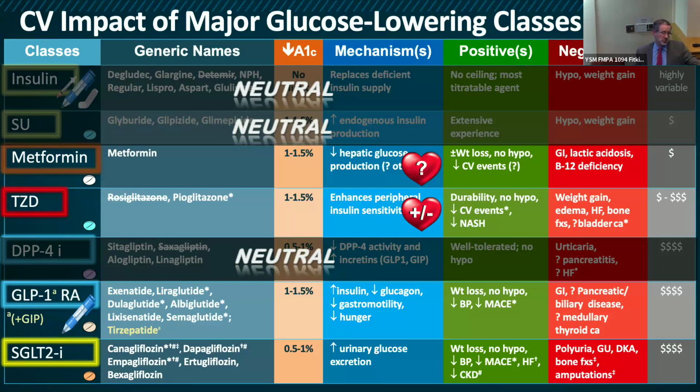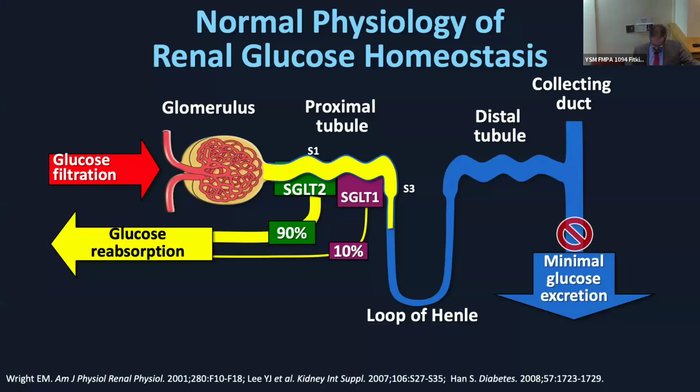There's no benefit, there's no risk, so they were safe, but there was no advantage to using a DPP-4 inhibitor versus other medications. These are studies targeting glycemic equipoise. So the hemoglobin A1C in both groups were very similar, trying to tease out if there's a specific benefit of being on one medication.